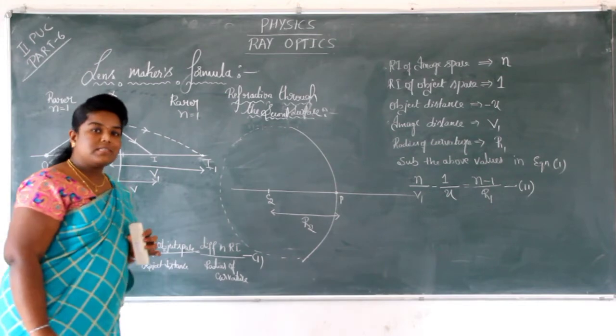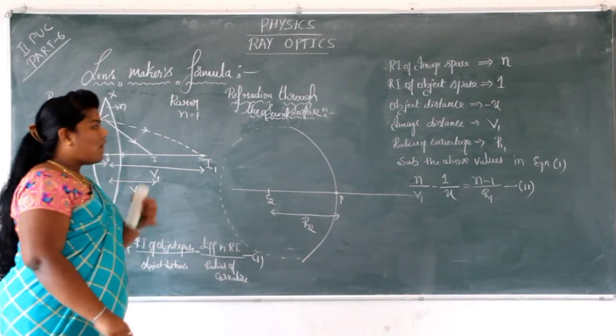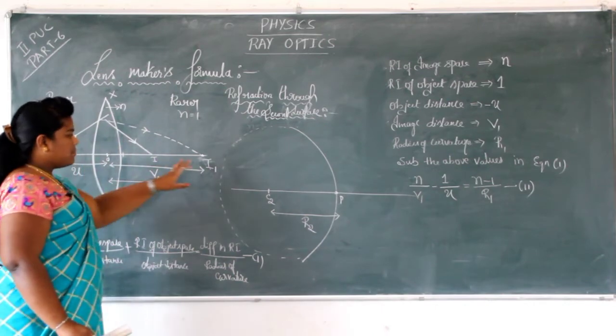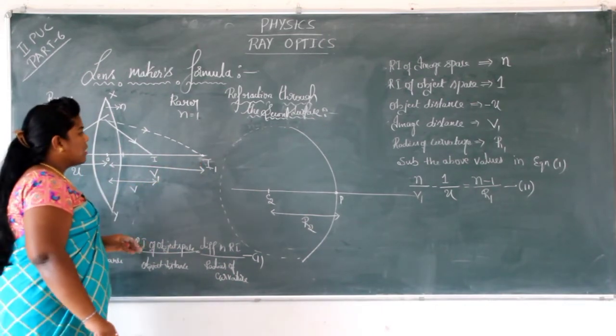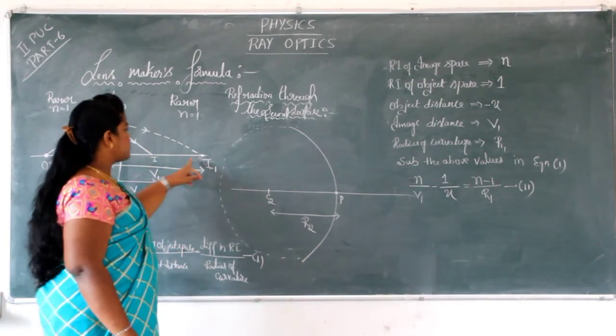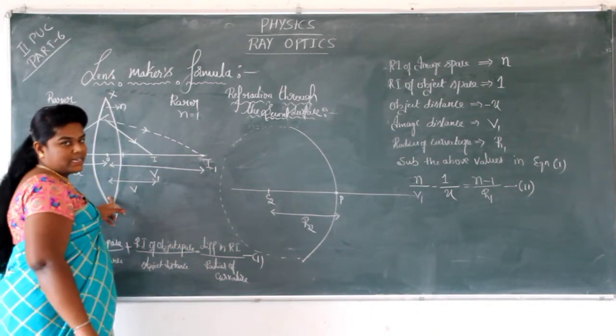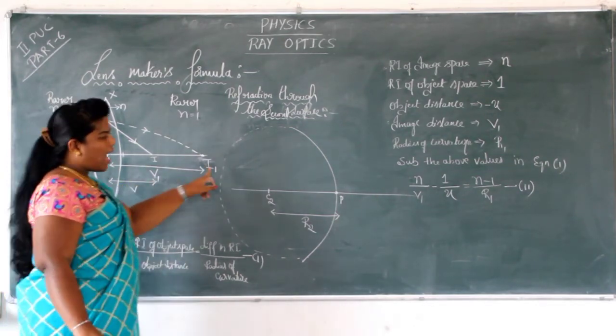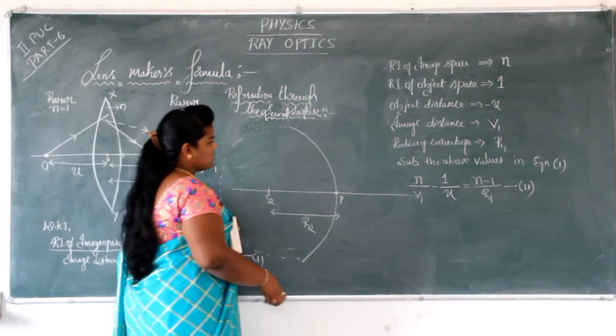Now, what is an object? Dear students, I already said the first surface formed an image said to be I1, whereas this image I1 serves as a virtual object for the second surface. It means which one is an object for the second surface? I1 is an object for the second surface.